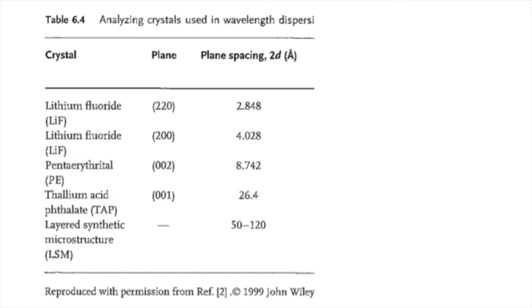Which one is required for detecting light elements? Of all the listings here, which ones do you think will be better at detecting light elements? You can use the previous equations, and you can also look in your book for some wavelength values. See if you can come up with which relative plane spacings are better for detecting light elements. Answer that question and we'll come back and look at this.